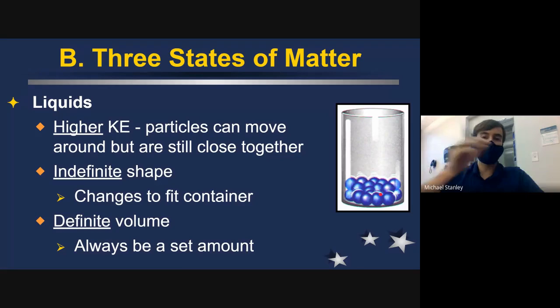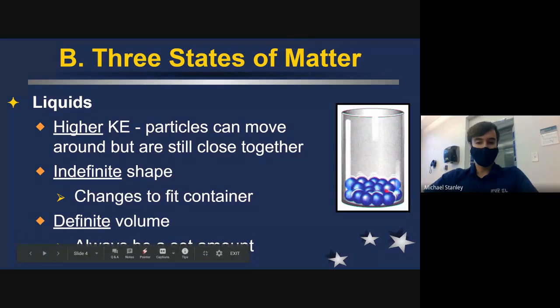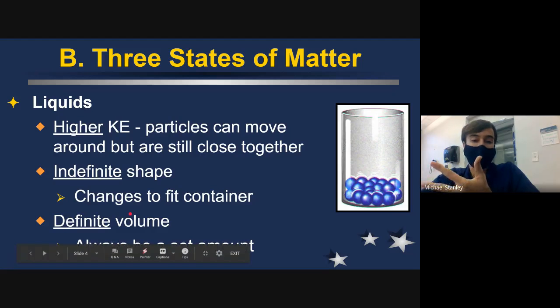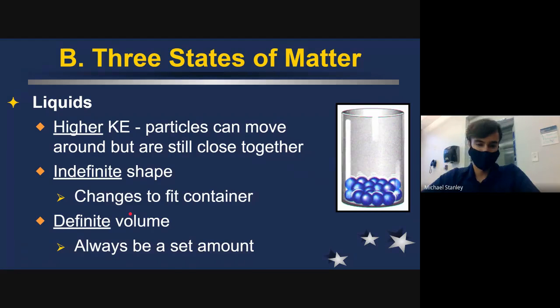That's why when you shake a glass of water, you can see it get all moving around and sloshing around. That's because those particles are further apart, moving around each other. So higher energy in liquids, they don't have a set shape, but they do have a set volume.